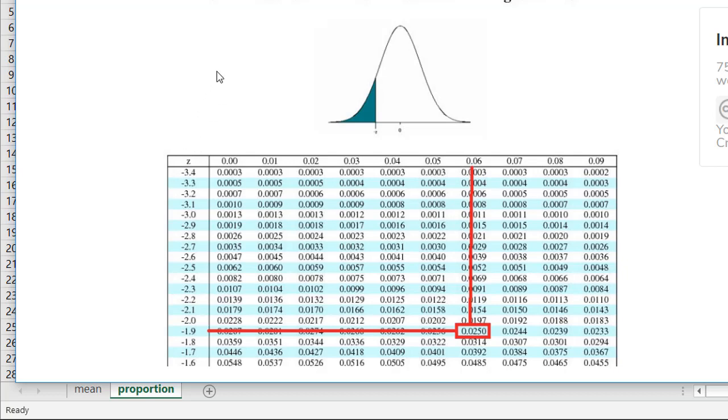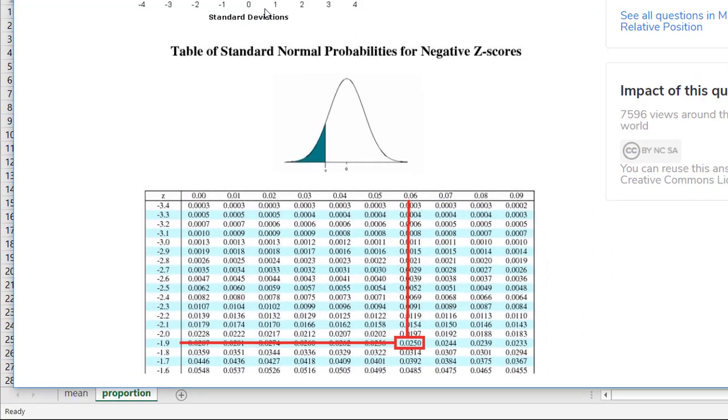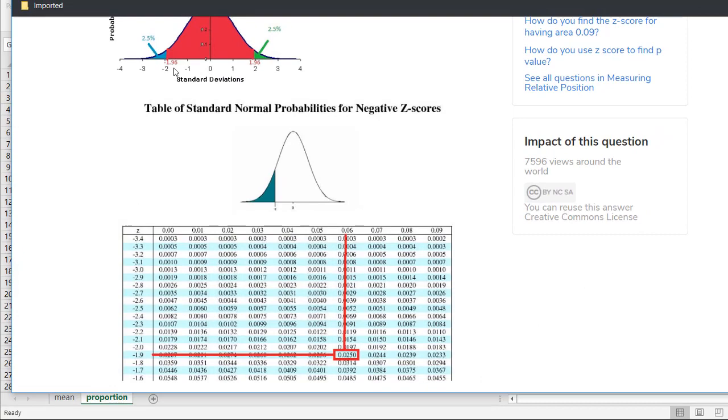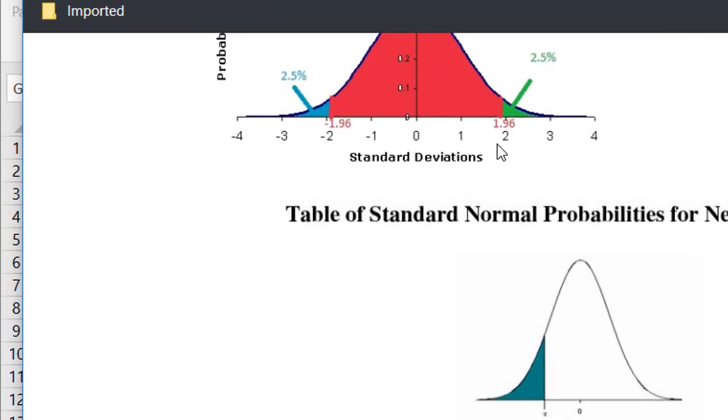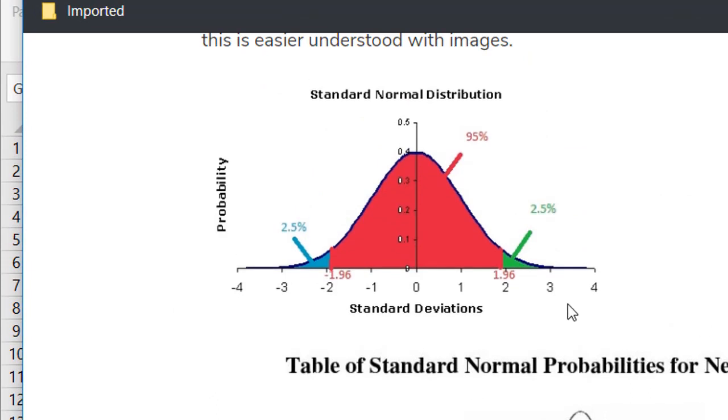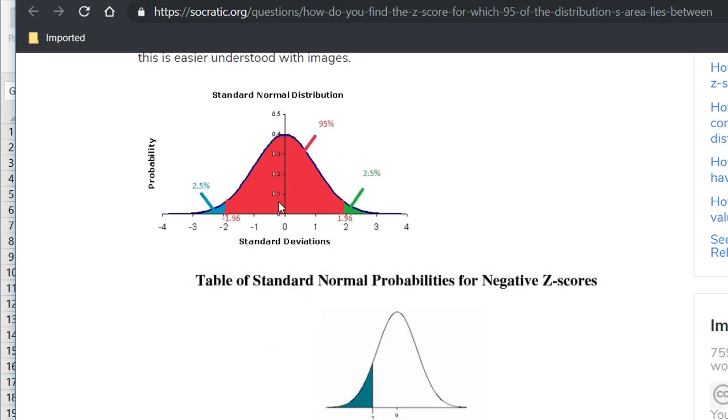So 1.96 is about 2 standard deviations from the mean, right? You can see that it's 2 standard deviations to the left and 2 standard deviations to the right. That is what gives us our 95% confidence, right? We're saying we're 95% confident it's within that normal distribution under that bell curve there.